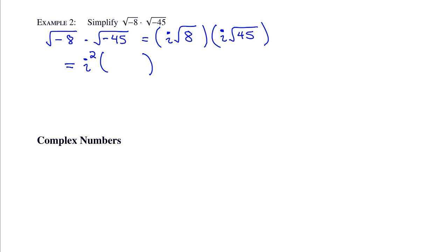And then the square root of 8, I can rewrite that as the square root of 4 times 2, a perfect square and then a non-perfect square on the inside. And also the square root of 45, I need a perfect square and a non-perfect square. That would be 9 times 5.